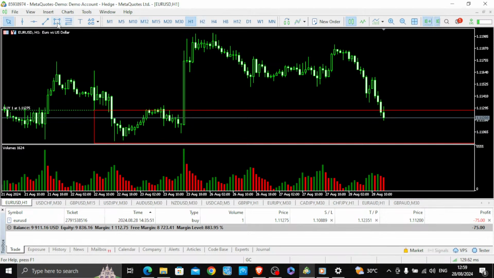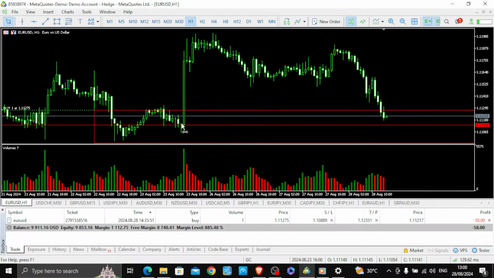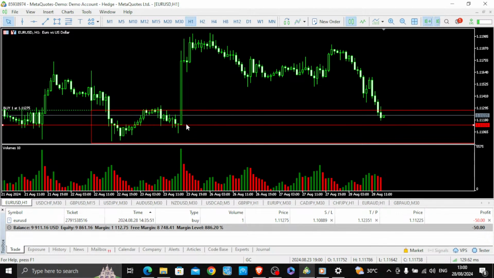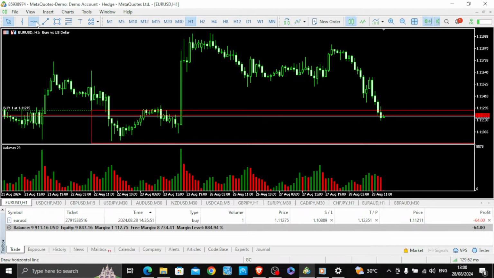So let me draw something in between our zone. We normally draw it between the last bearish candle before the bullish movement up, and vice versa.